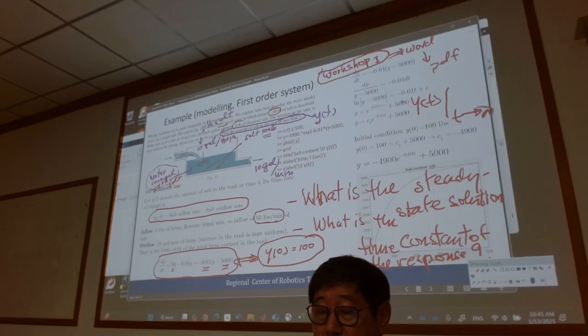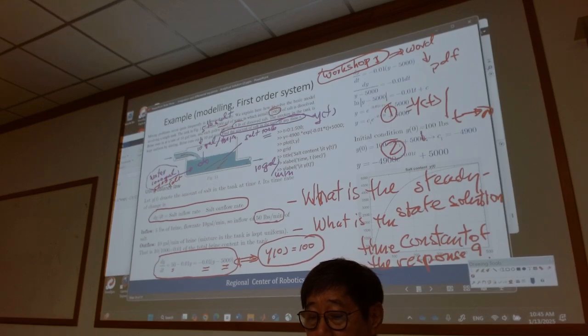That's the steady state solution. The time constant is when y(t) reaches 63% of the input.